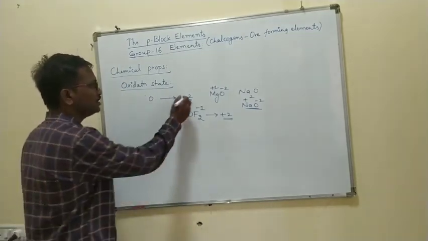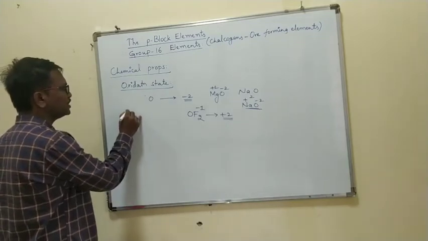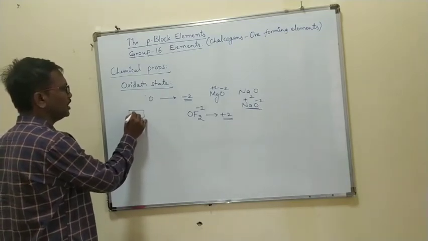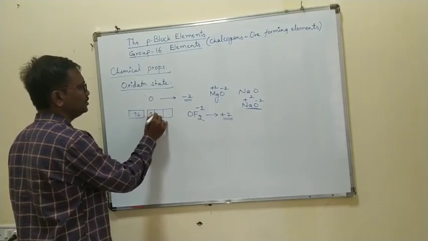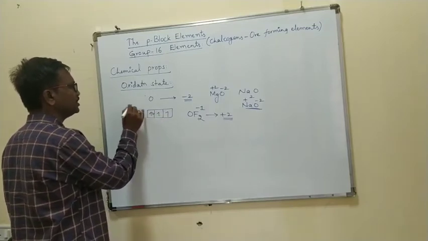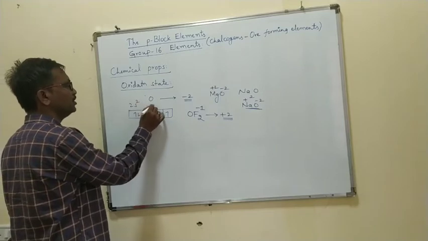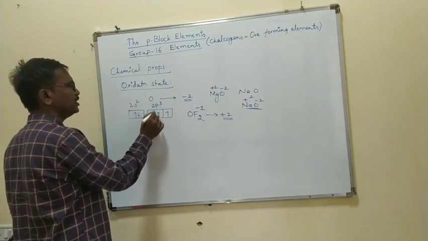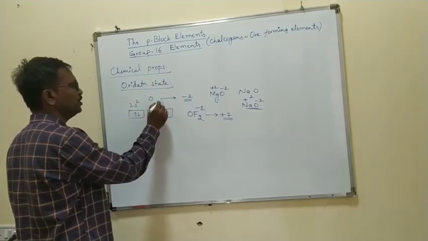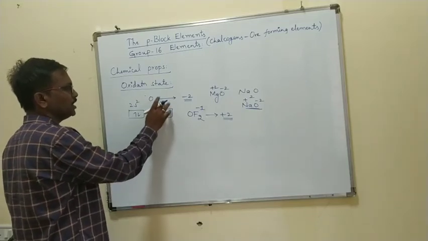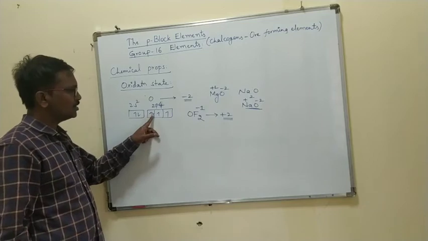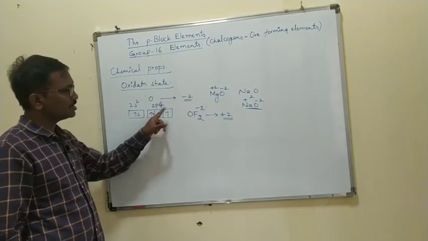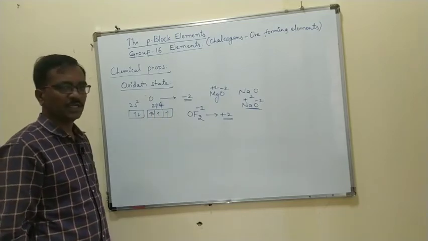So why does oxygen show only the -2 oxidation state? Because the general electronic configuration is ns2 np4, here 2s2 2p4. There is no 2d orbital, so electrons do not go into a d orbital.